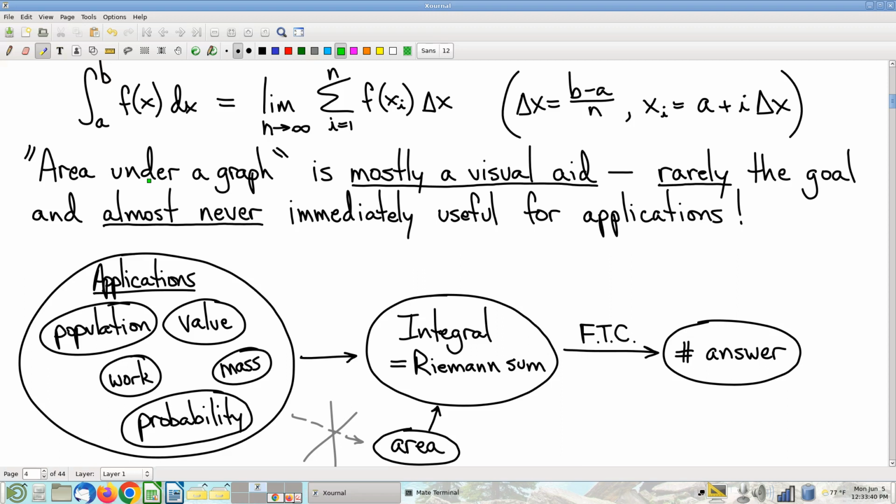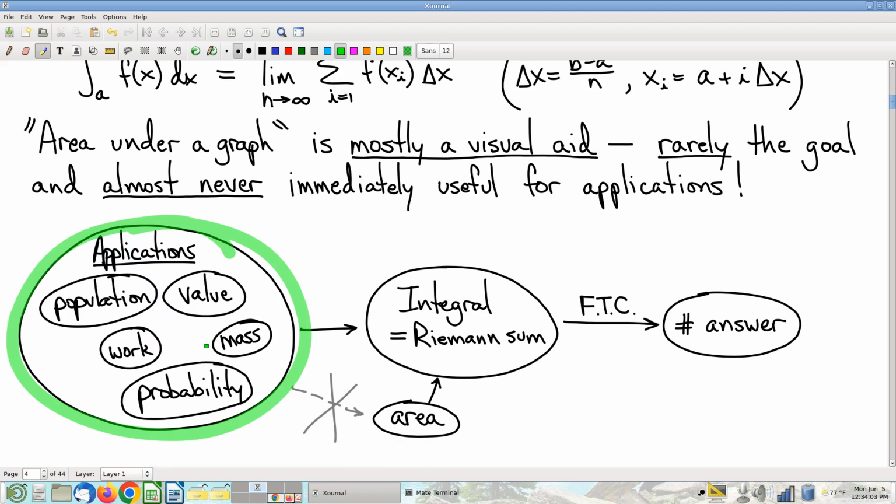Let's get stuff done and compute stuff like this. I want to compute the mass of a thing, or the value of some sort of a stock derivative or whatever. Whatever the case may be, there are various different applications of integrals, of course.